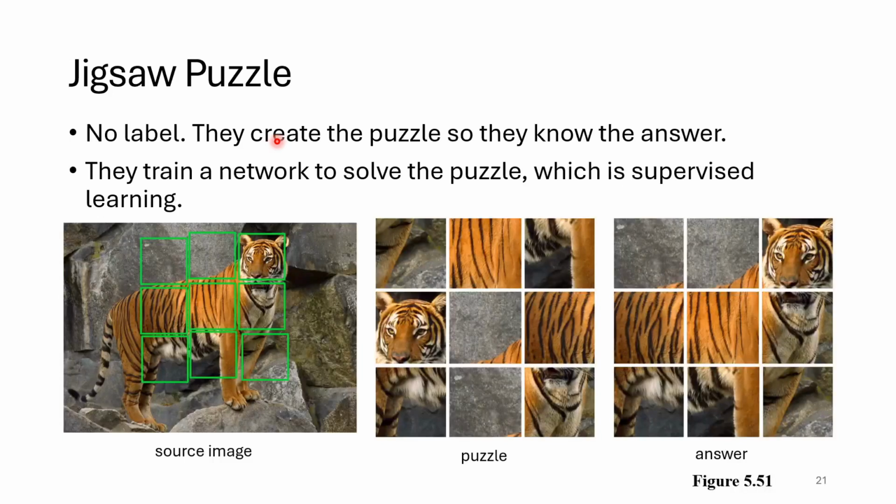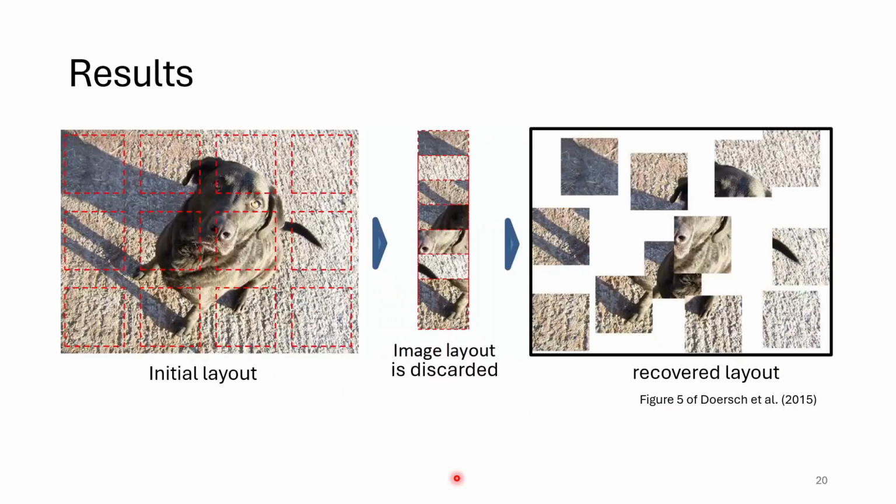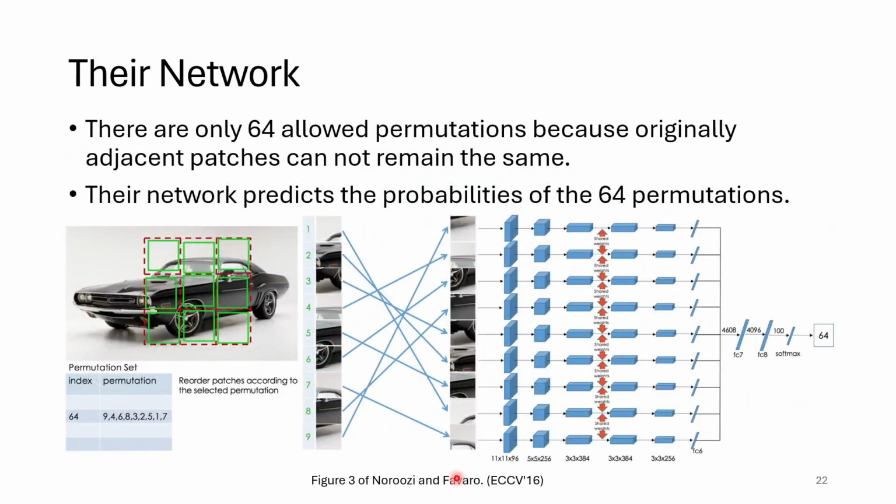Because for example, if this is the part, they don't allow this patch to be placed here, because in the original image, the two are adjacent. So they don't allow the two patches to be adjacent in the puzzle. Therefore there are only 64 accepted permutations.